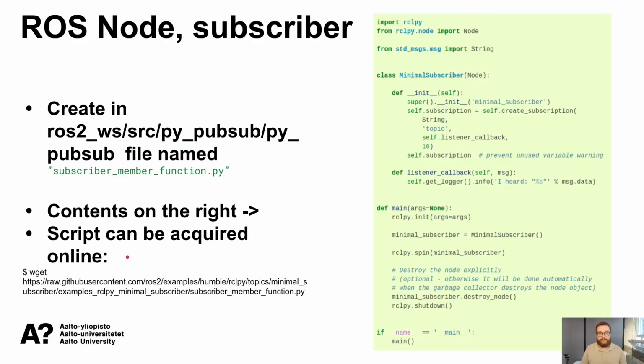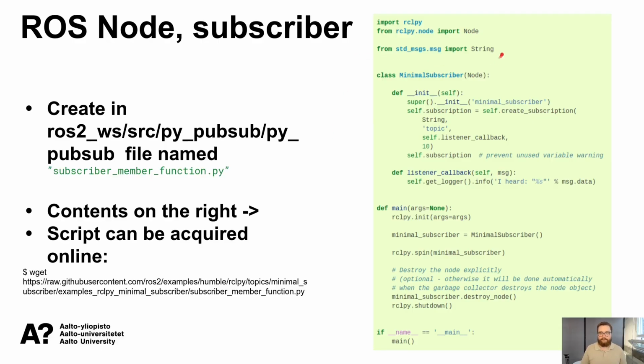Again, the contents are presented on the right, but you can also get this script directly by putting this in your terminal, which downloads the file from the ROS tutorials. So now we are making a subscriber that subscribes to the information that is published by the node that we created in the past slide.